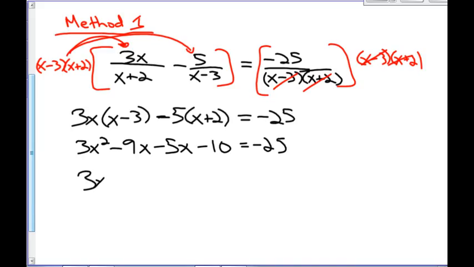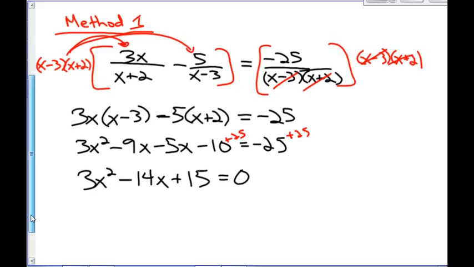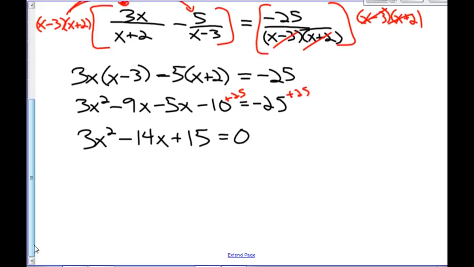Let's put some terms together. We'd have negative 14x. I would need to add 25 to both sides to make one side 0, because that's how we deal with quadratics. Not 25, 15. Okay. And now we can either go to the quadratic formula or we can factor it. And that's in the chapter 4 video, so I'm just going to factor this quickly so that we can see the answer.